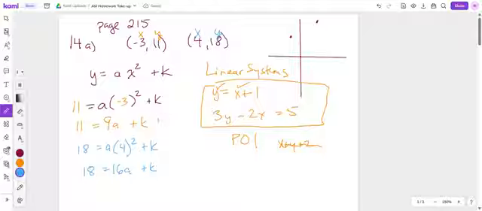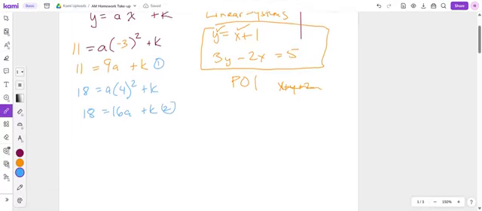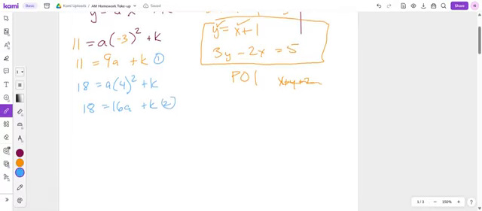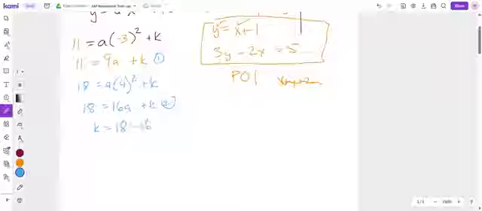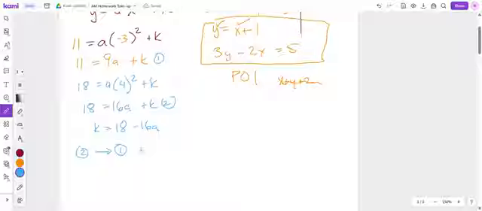Watch this, folks. I've got equation 1, equation 2. Can I solve for a and k? Because it looks like a linear equation. So I am going to take equation 2 and isolate the k. So I'm going to get 18 minus 16a, right? I just rearranged it. And then I'm going to sub that into equation 1.